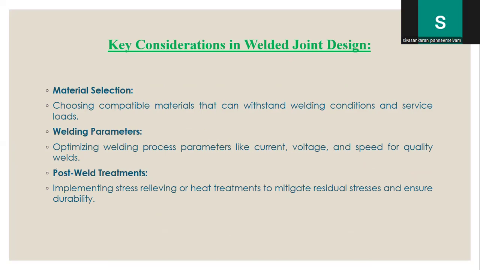Then weld parameters like current, voltage, and speed for a high quality weld. And post-weld heat treatment, implementing stress relief annealing or a similar subsequent heat treatment in order to mitigate the internal stresses contained inside the weld structure. This will improve the durability.